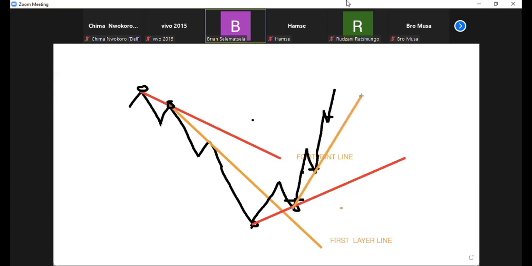After that, you implement the same thing, the same footprint, same first layer.